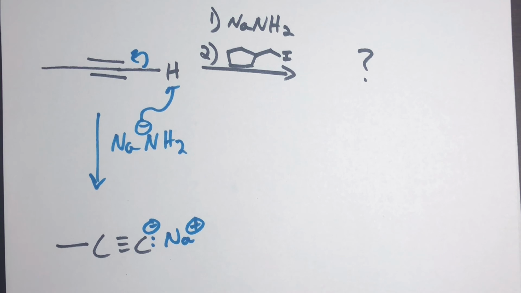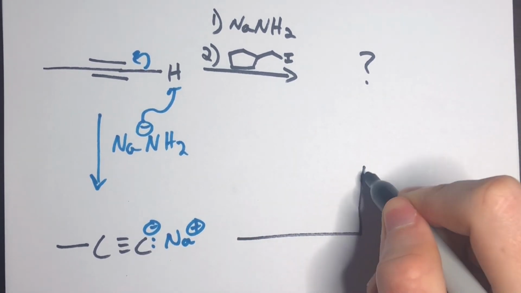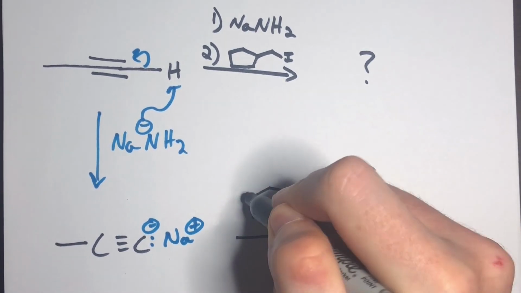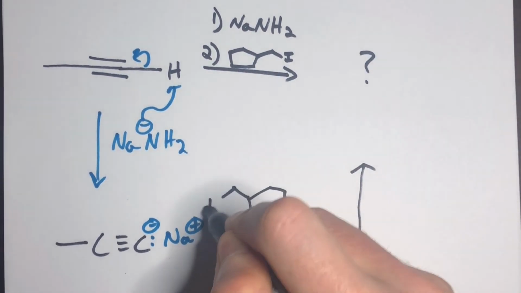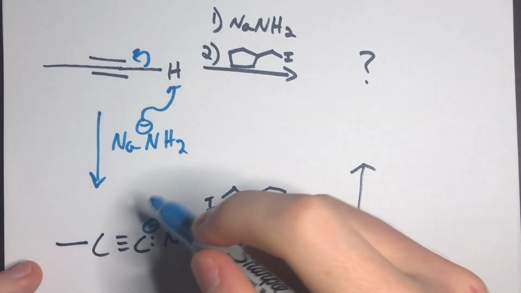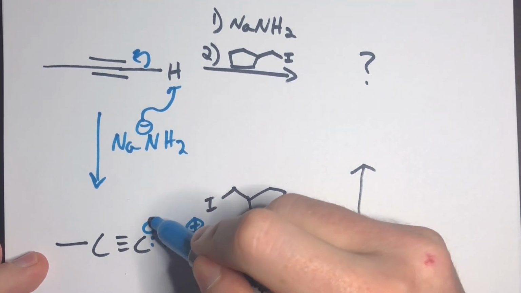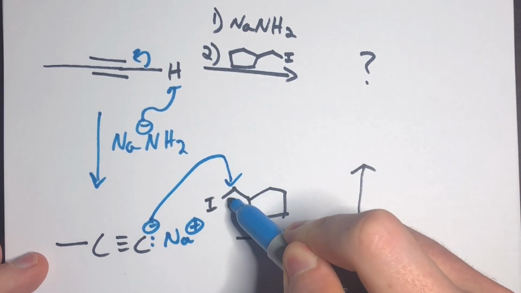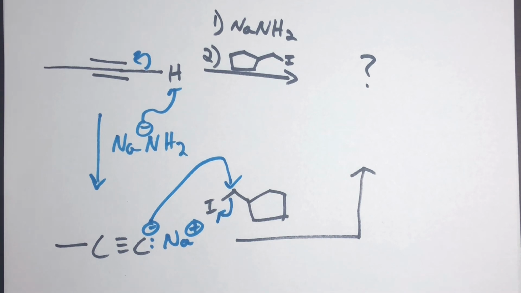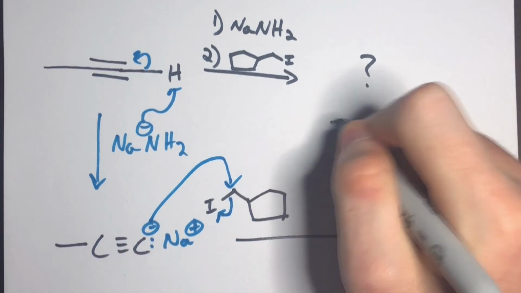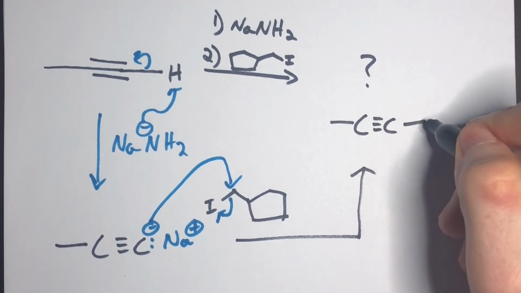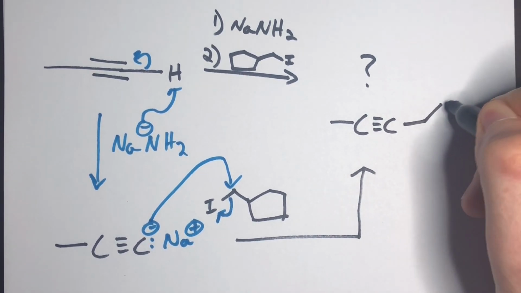And then we react this as a nucleophile with our electrophile, this iodide cyclopentane group. So we have our lone pair coming in, creating this new carbon-carbon bond, and dumping the electrons onto the iodide, which is our leaving group. So the final product is going to be this internal alkyne with one carbon and then the cyclopentyl group.